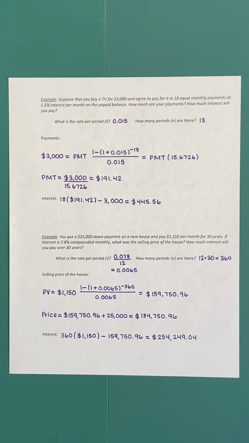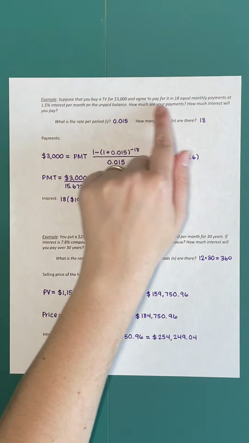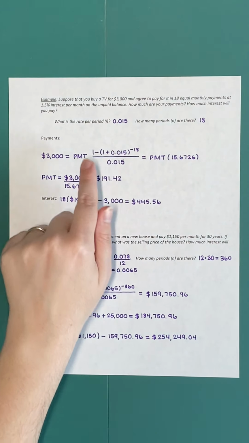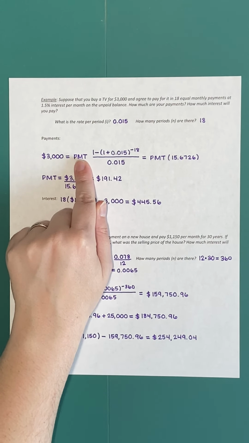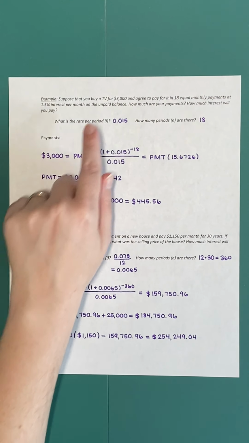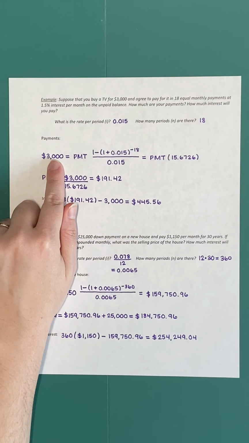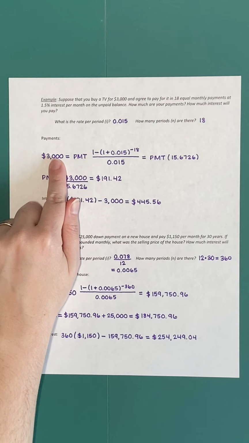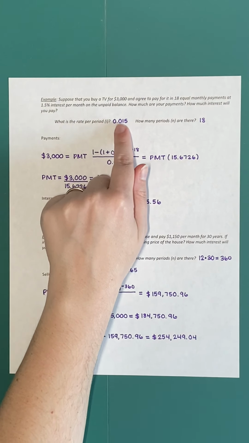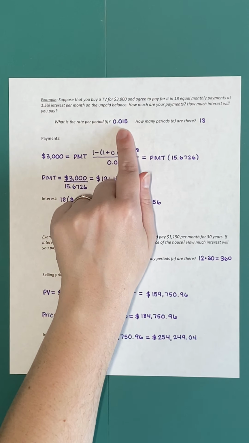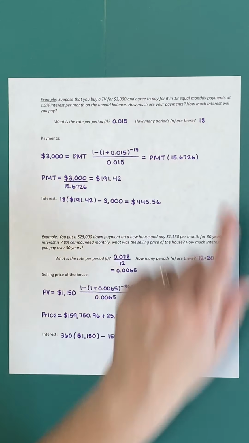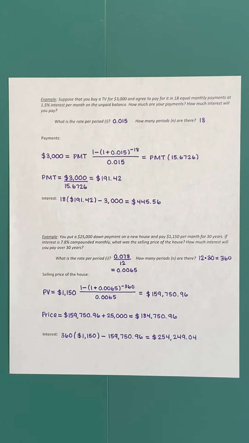Here, payment is going to be our variable. The question is, how much are your payments? So PMT, that's the actual unknown, that's the variable. So present value, $3,000, that's the amount we're paying off. So not only are we going to pay off $3,000, but we're also going to pay off the interest that's charged based on our interest rate and the number of times they're going to charge us interest.